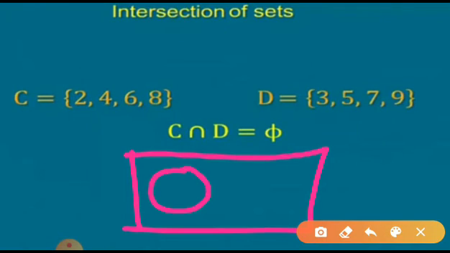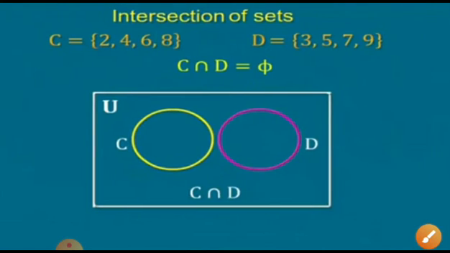This is my C and the other set is my D. Do I have any common element? No. So I have to draw D separately. Since there are no common points, there won't be any overlapping. So those two sets are disjoint sets, and you'll get the Venn diagram like this.